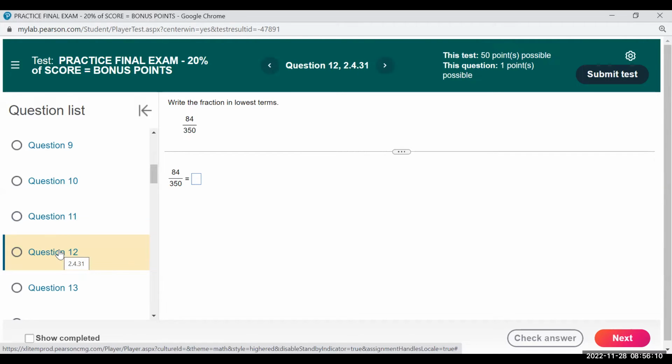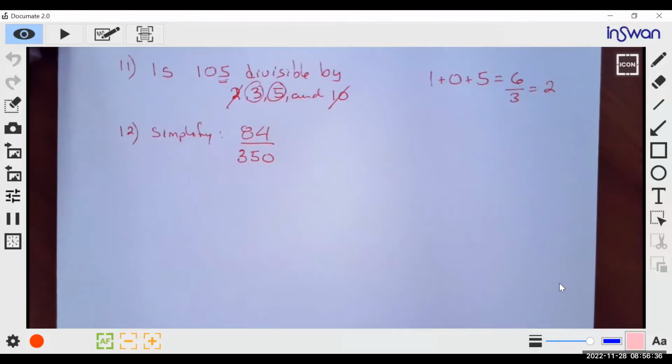Write the fractions in lowest terms. So simplify 84 over 350. Where do we start?